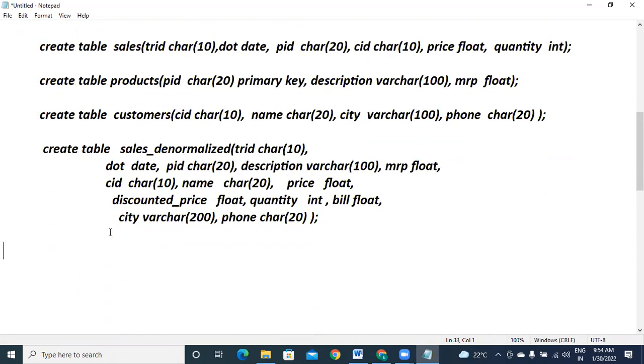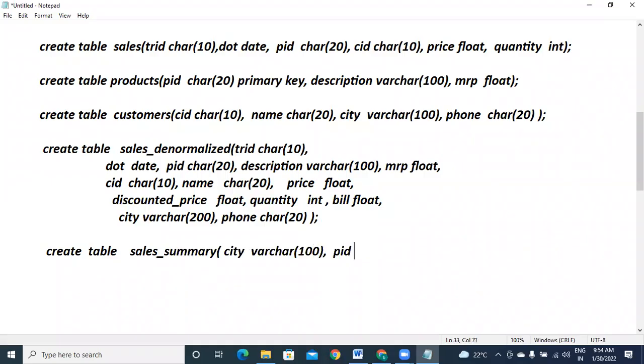After that, one more table I need. Create table sales underscore summary. City, varchar of 100.